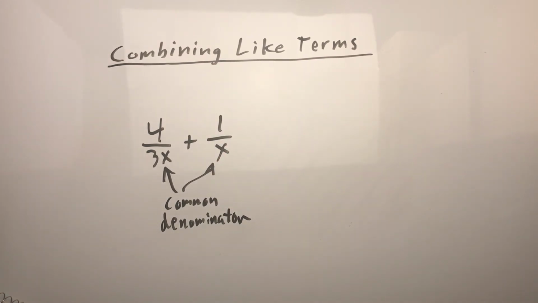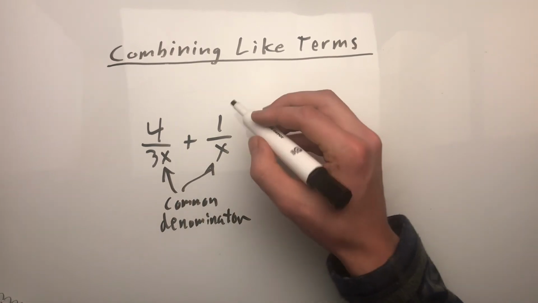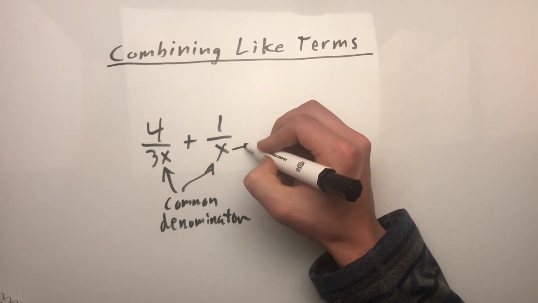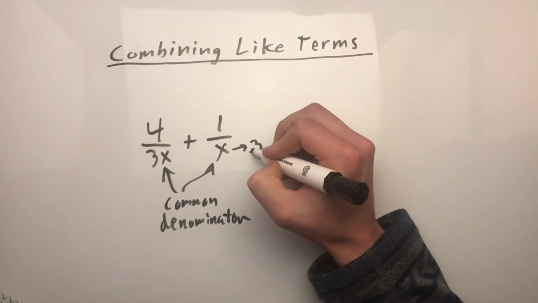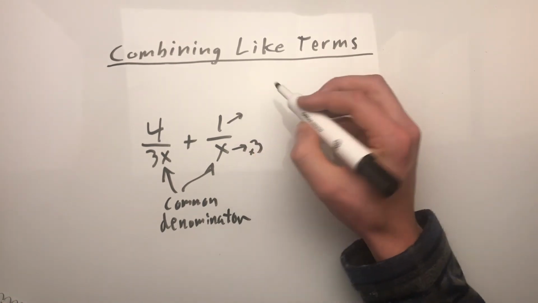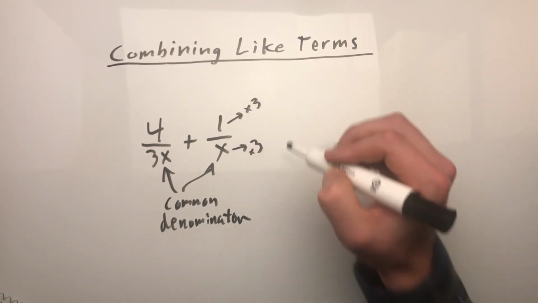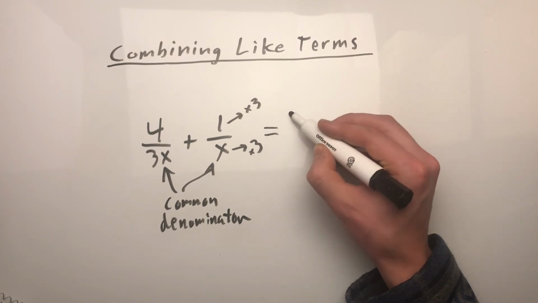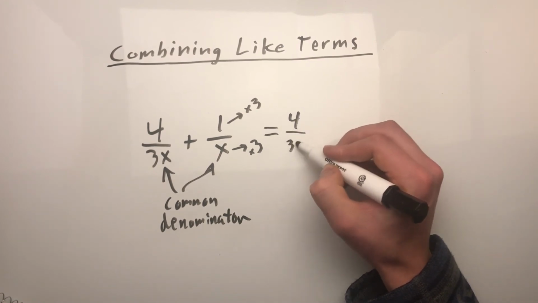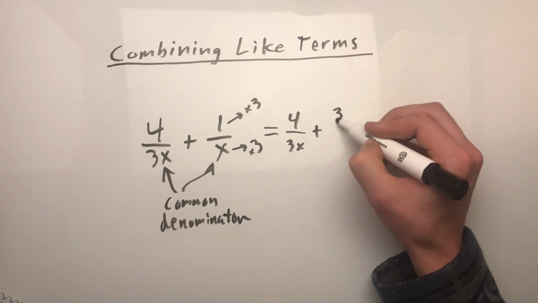This is basically the same thing as combining like terms, except in this case, the like terms are simply the denominators of fractions. So how would we give these two fractions common denominators? We'll do that by multiplying the bottom of this fraction times 3 and the top of the fraction by 3. And what we get is 4 over 3x plus 3 over 3x.